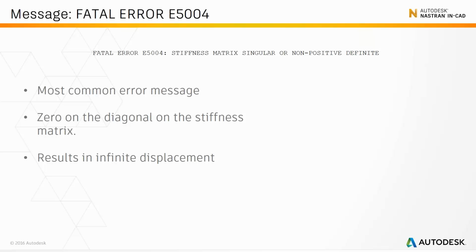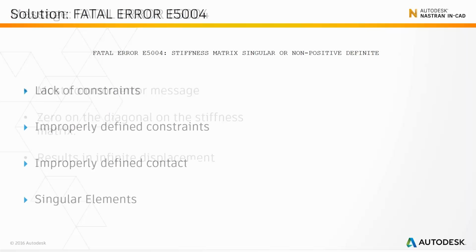It suggests a 0 on the diagonal of the stiffness matrix, and realistically what's happening is that there is infinite displacement of components. So effectively, if we look at the solution, there's a lack of constraints, or maybe the constraints have been improperly defined. There may be improperly defined contact between components and potentially singular elements as well.